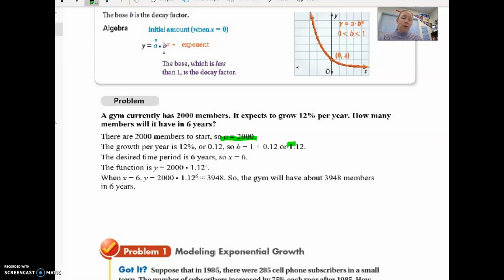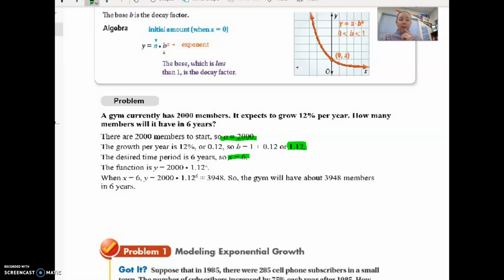The growth per year is 12%, so let's change that to a decimal and add the 1. So we would end up with 1.12 for our growth factor. The desired time period is going to be over 6 years, so that will be what x equals, is 6.